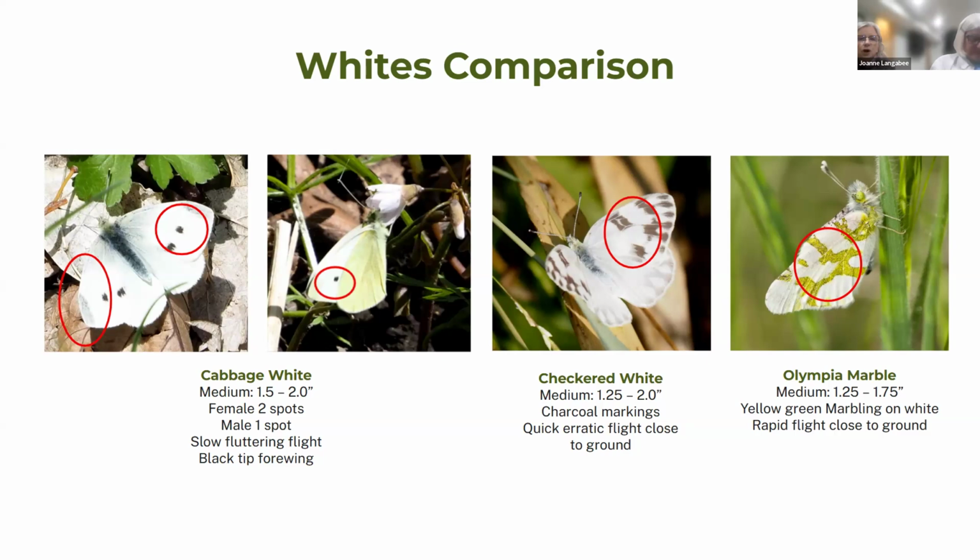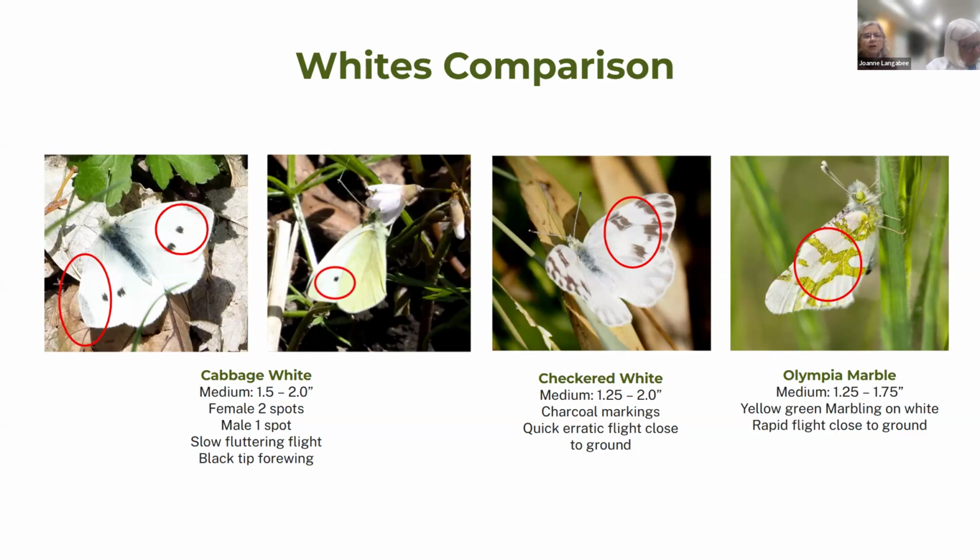So go ahead, Holly. If you take a big overall look, first see, if you know the general characteristics of each family, then you can tell, okay, this is in the whites and sulfurs family.